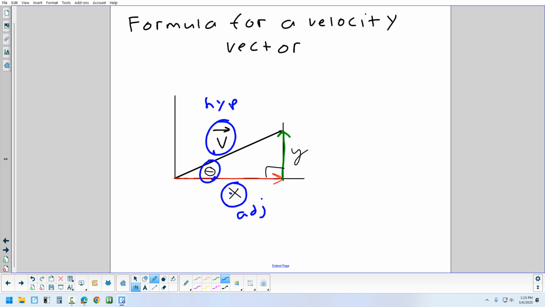Okay, what trig function would involve adjacent and hypotenuse? Cosine. So cosine of your angle equals the adjacent over the hypotenuse. Now, when I say adjacent over hypotenuse, what do I mean by hypotenuse? The length of the hypotenuse. And what symbol do we use for length with vectors?